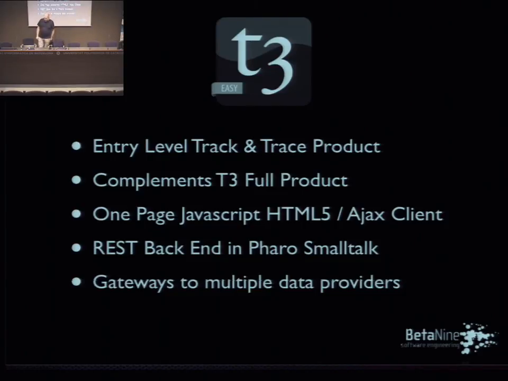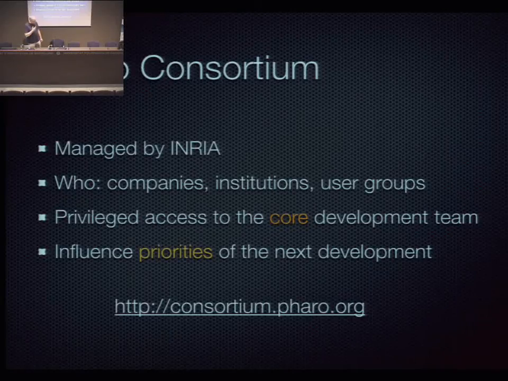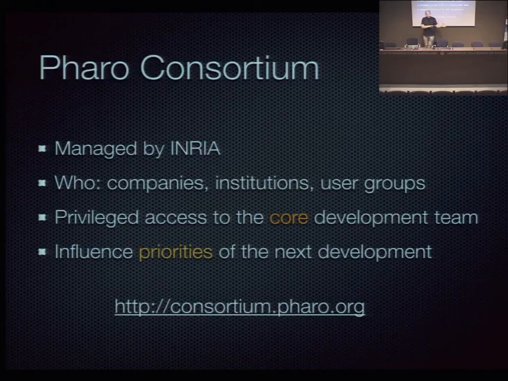And this company actually contributed the current HTTP library to Pharo. It's really amazing, the libraries that they built. This kind of collaboration between open source, research, and industry is really interesting, and we are trying to foster that a bit.